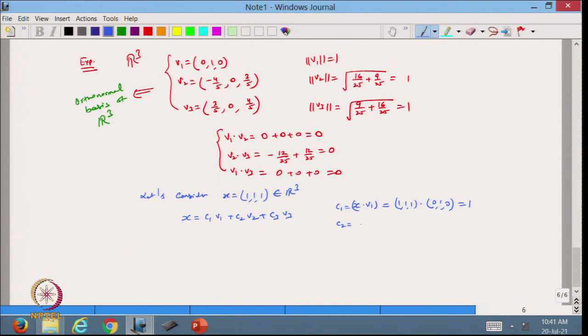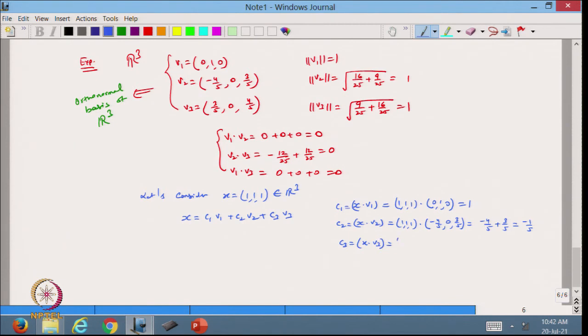C2 is x taking the dot product with V2. So, it is (1, 1, 1) dot (-4/5, 0, 3/5). So, it will be minus 4/5 plus 3/5. So, it is minus 1/5.